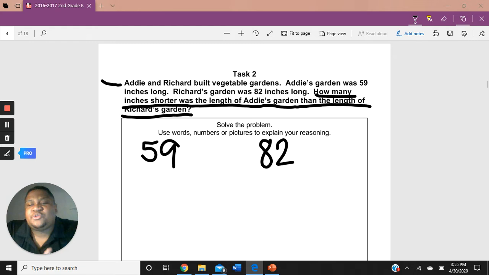So I want you to take time to think about what equation will help me solve this word problem. What equation will help me solve this word problem? I'm going to give you some time to think about it.